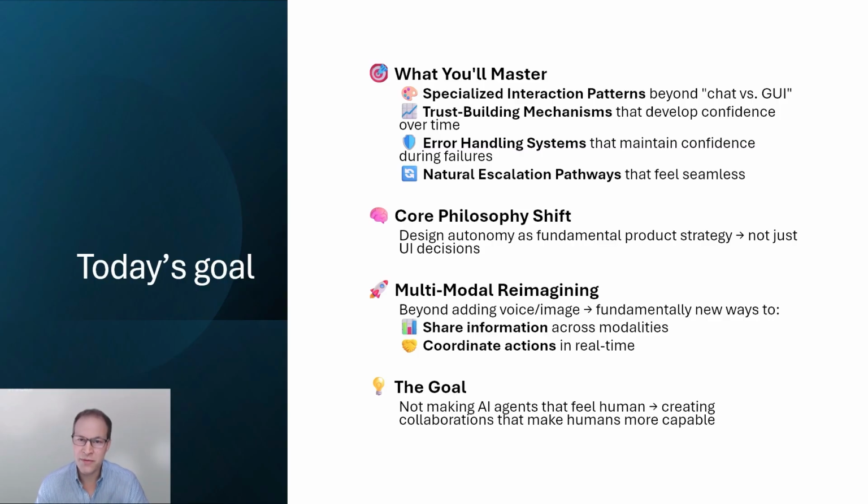And very importantly, to create feedback loops that enable continuous improvement. This is fundamental to integrate the agent capabilities into the existing workflows without forcing the user to completely change their established pattern. This is not about making AI agents that feel human or look like a colleague. It's about creating a collaboration that really empowers the users in a way that feels natural.